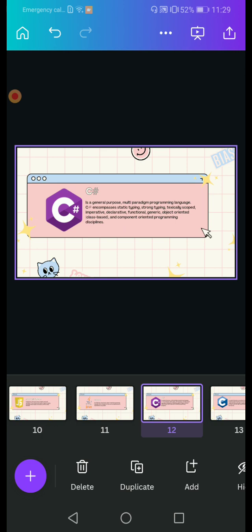C Sharp is a general-purpose multi-paradigm programming language. C Sharp encompasses static typing, strong typing, lexically scoped, imperative, declarative, functional, generic, object-oriented, class-based, and component-oriented programming disciplines.